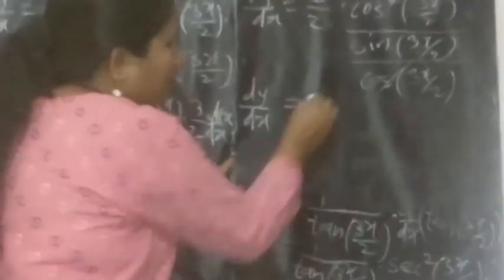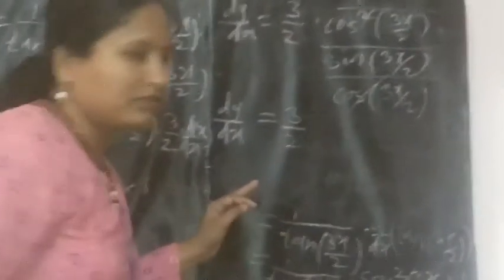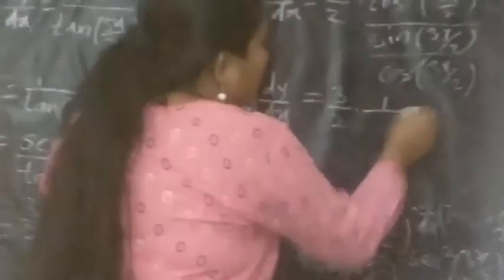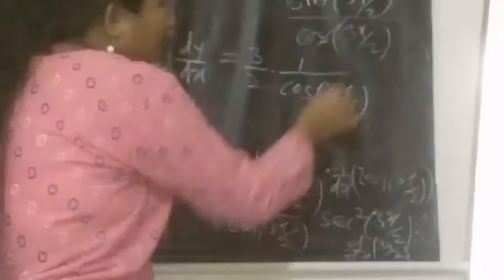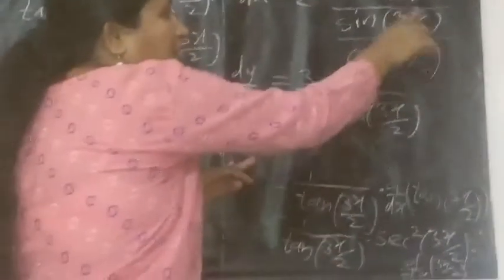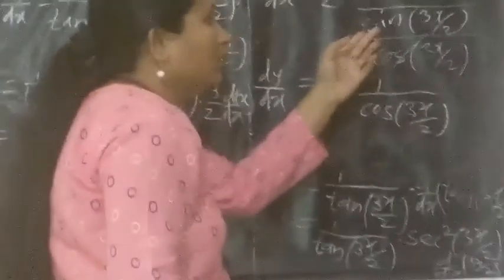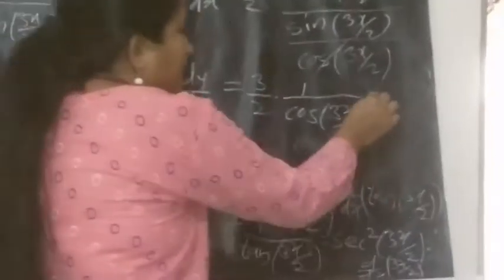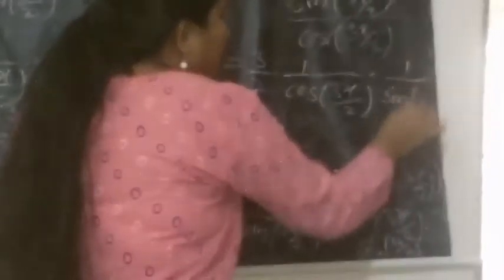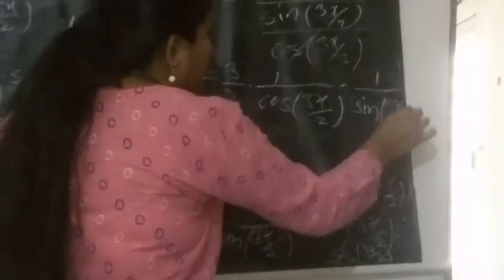And one cos of 3x upon 2 gets cancelled, that is dy by dx is equal to 3 upon 2, 1 upon cos of 3x upon 2, and multiplicative inverse of this sin 3x upon 2, we can write 1 upon sin 3x upon 2.